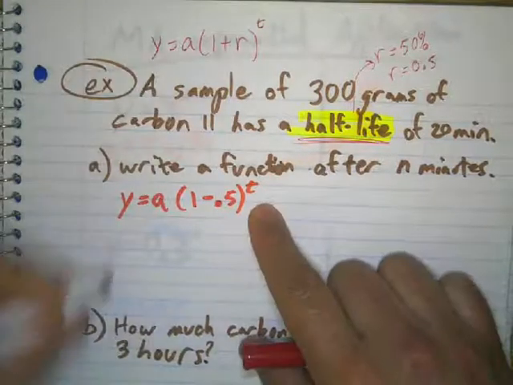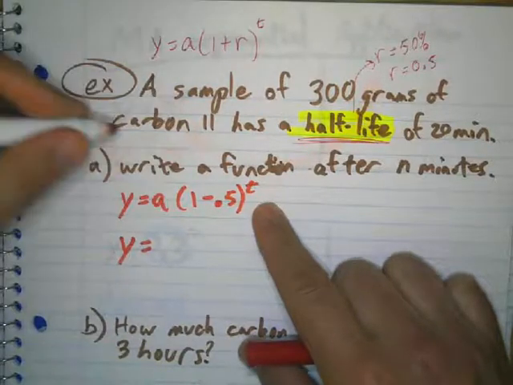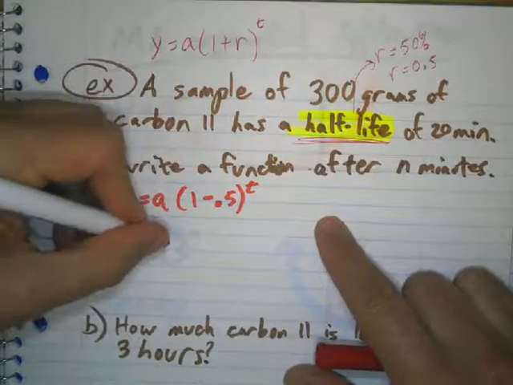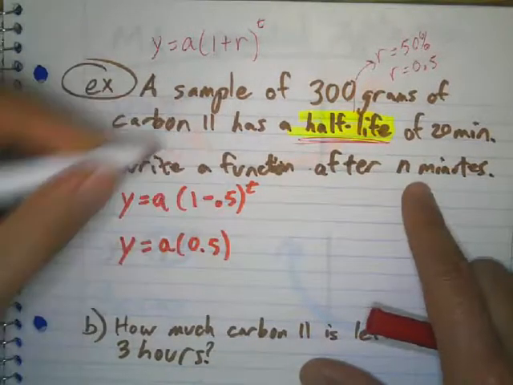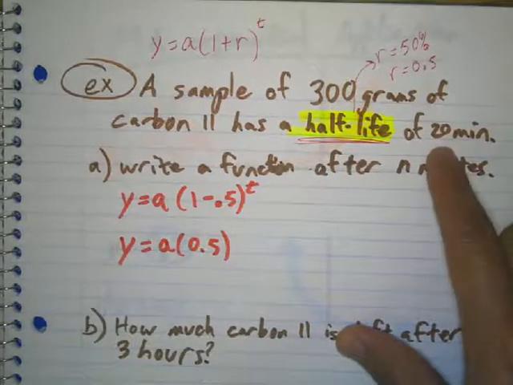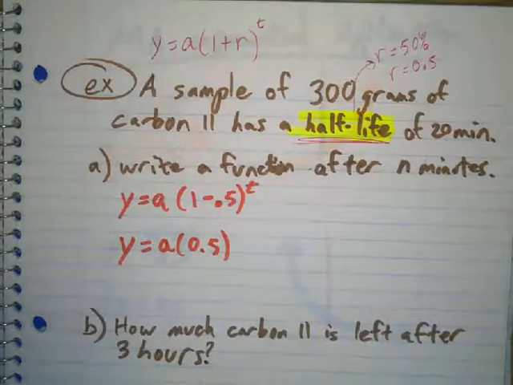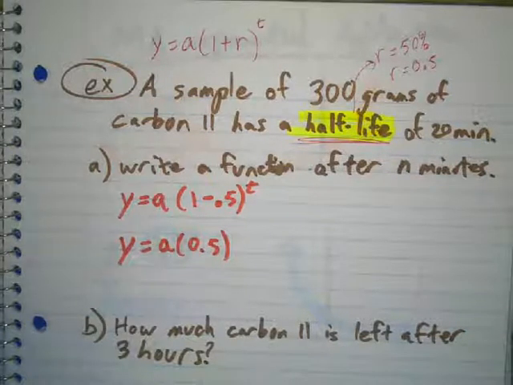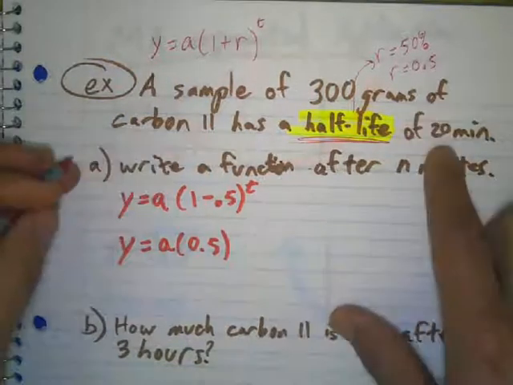And so we've got y equals a times 0.5, and then now since it decreases in 20 minutes, then we have to say that this power here is going to be, after 20 minutes, it's lost half of its size.